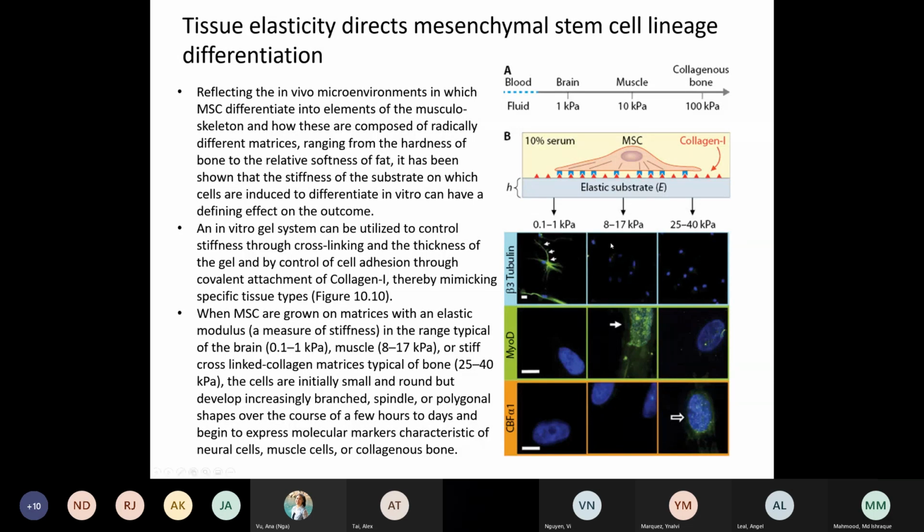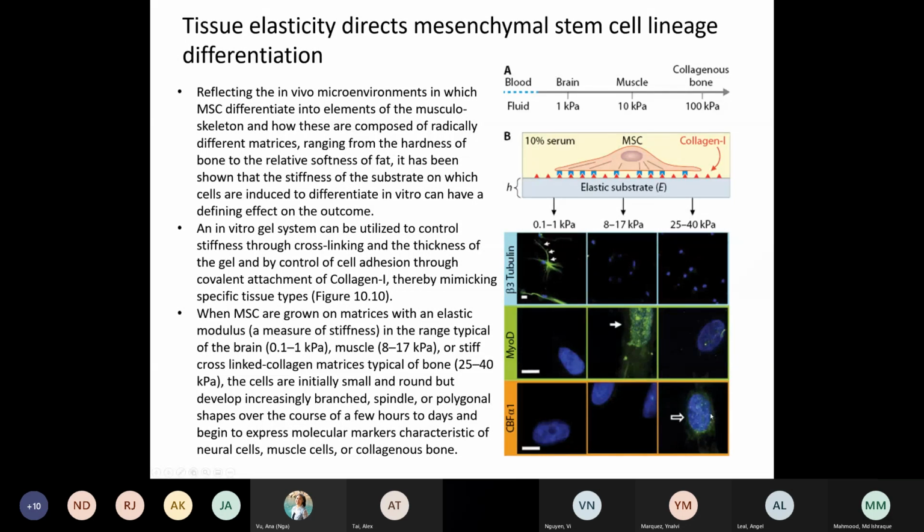And then they describe if you increase the stiffness to 8 to 17 kPa, you can generate muscles. MyoD is a marker for muscle. And then if you further increase that stiffness, eventually you can make bone. CBF alpha 1 is a marker for bone.